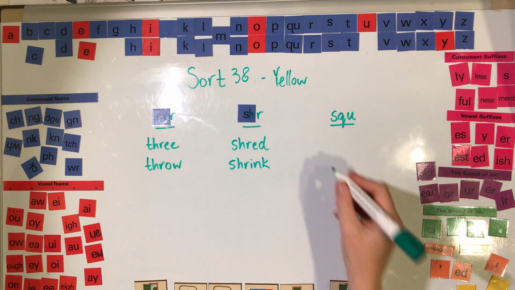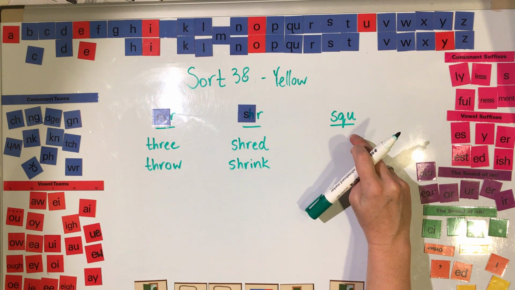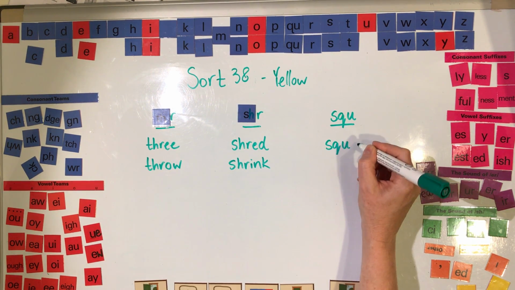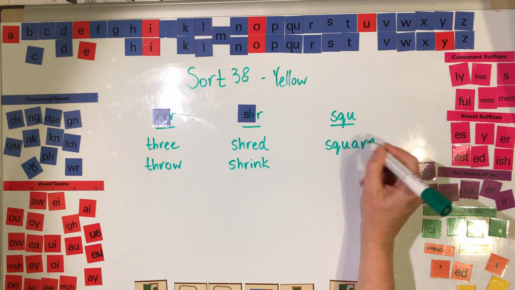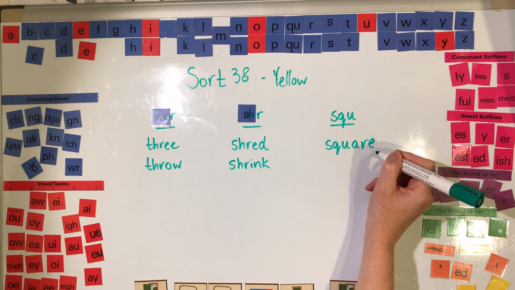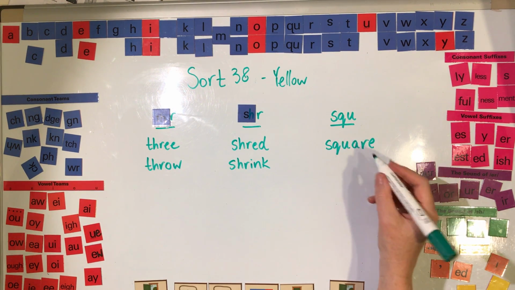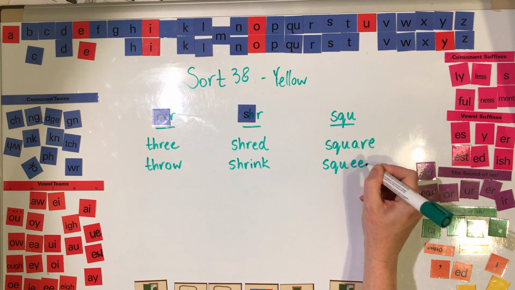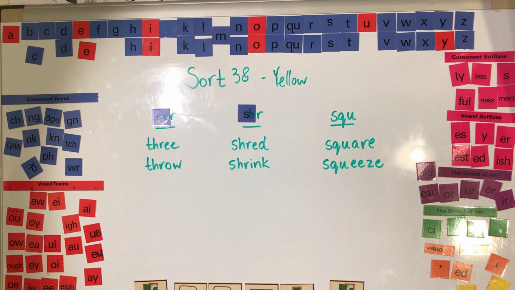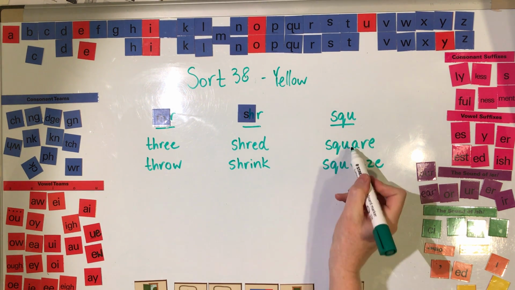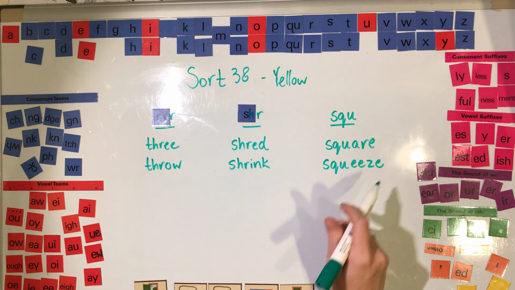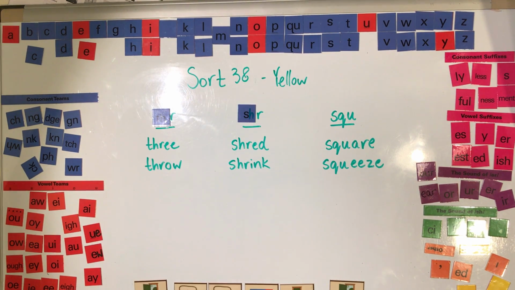Over here, a common word you might see with this three consonant blend is the word square. You might even have a word like squeeze. Okay, so you can see that we've got these three consonant blends in all of these words. This is our squ, shr, and thr words.